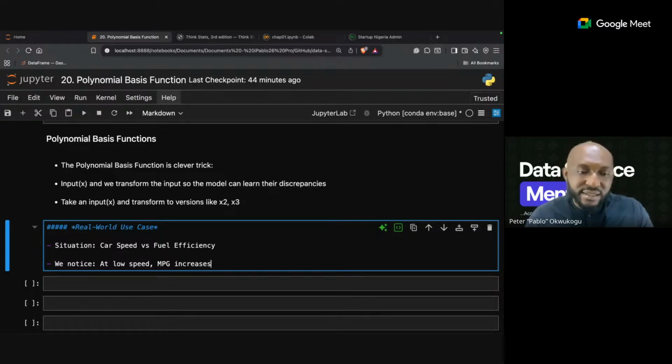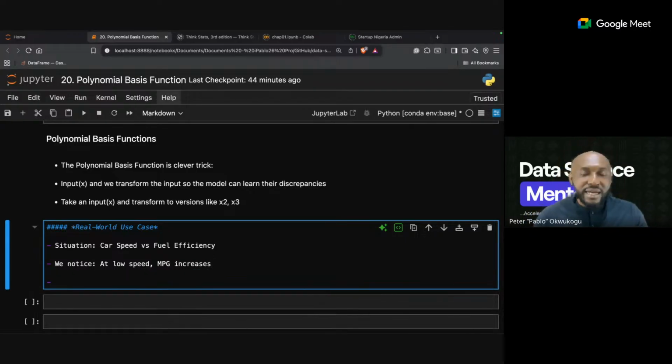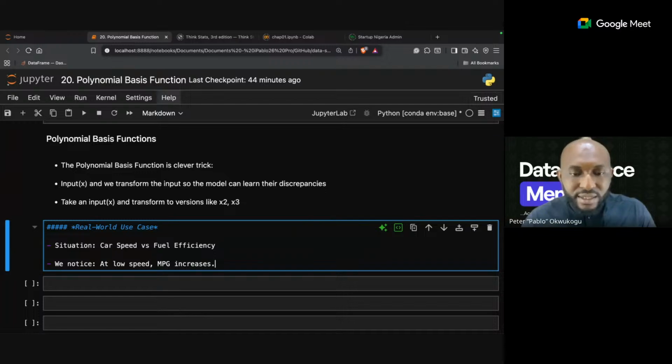So let's say that's it. And at high speed, we also notice that MPG decreases.